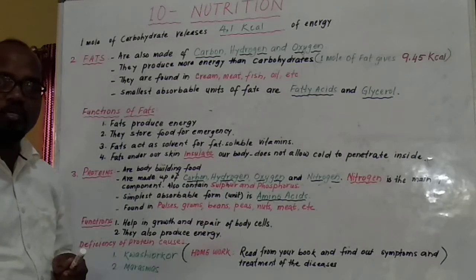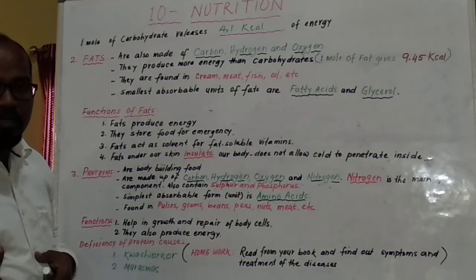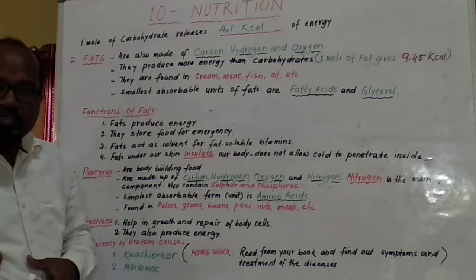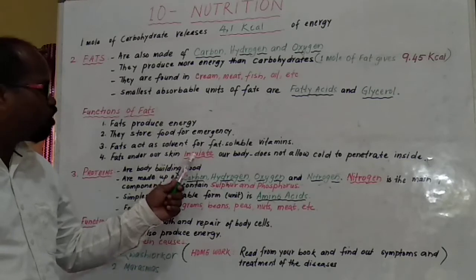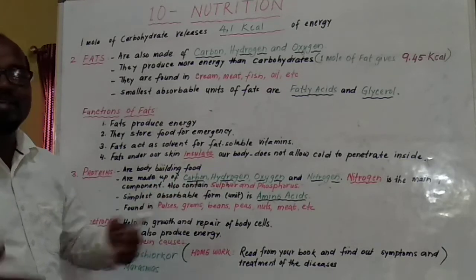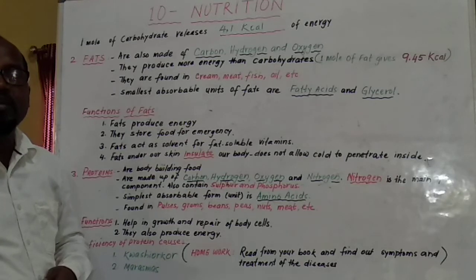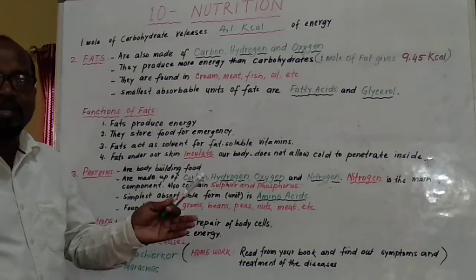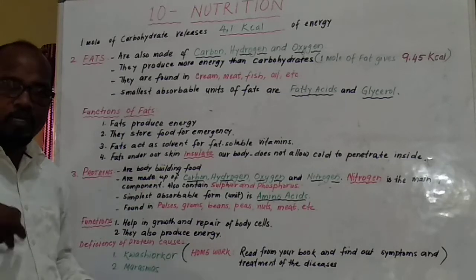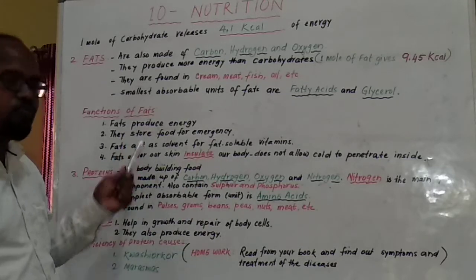Number 4 function, under our skin there is fat. Fats under our skin insulate our body. Insulate means they protect our body from cold. They don't allow the environmental cold to get inside.